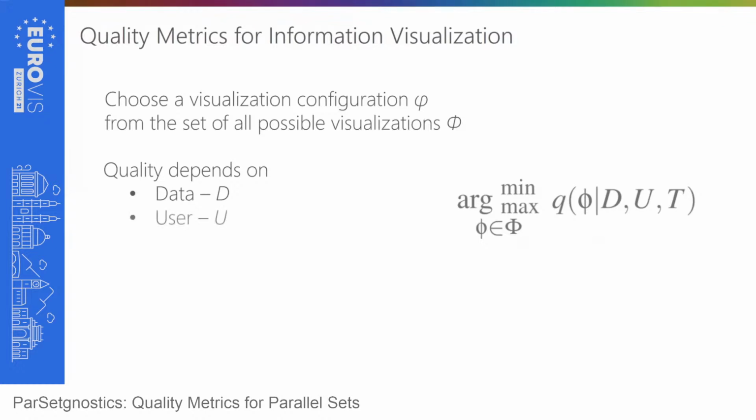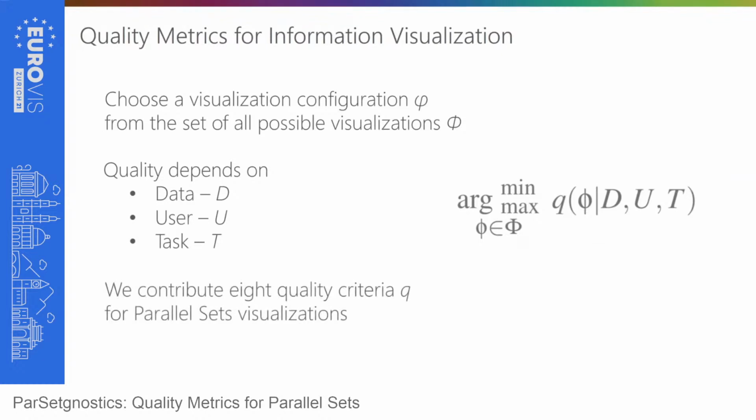It also depends on the user, because a user might have specific requirements, such as color choice, compensating for color blindness. And it also depends on the task, since a visualization optimized for a lookup task can have a different layout than one that is optimized for a comparison task.